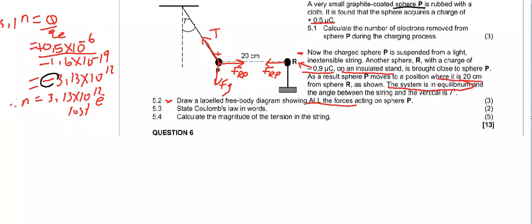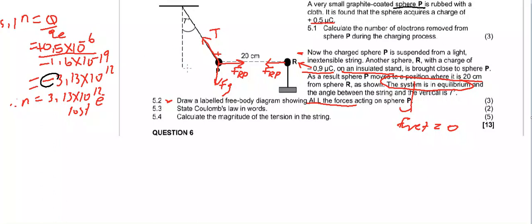When the system is in equilibrium, we can draw a closed vector diagram. The net force is equal to 0. The forces are balanced here. Or we can draw a closed vector diagram if we want to calculate, for example, the tension.